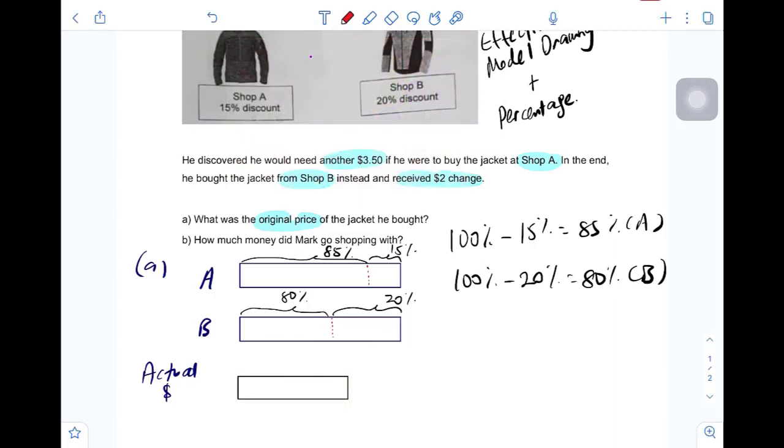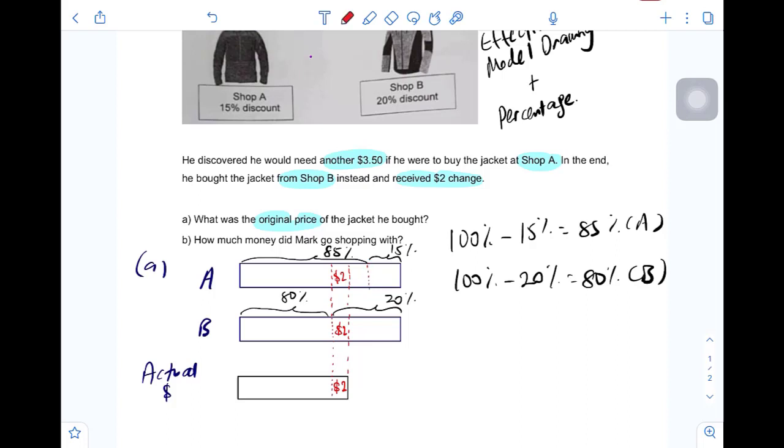Okay, so if he buys it from shop B, he will have $2 left. So if you trace this upwards, trace the $2 upwards as well. $2 will be here, $2 will be here. Okay, now if he decides to buy from shop A, shop A's price is here.